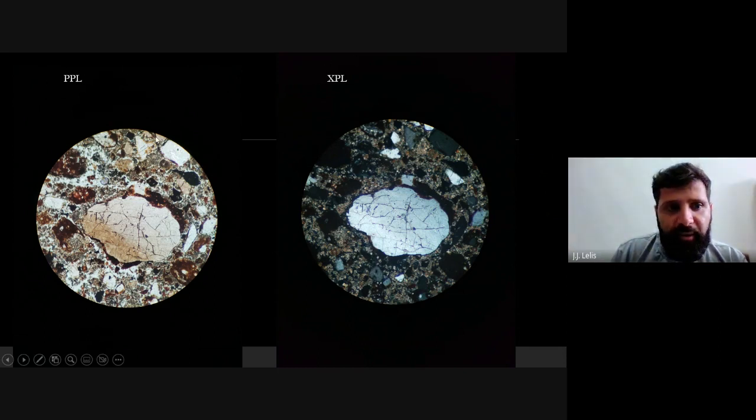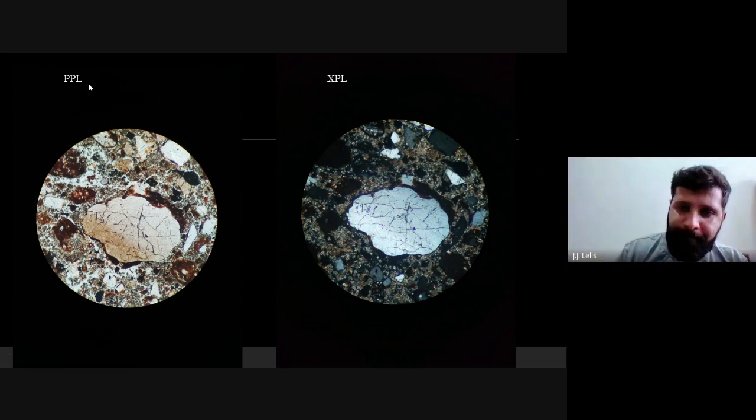Here and here we have the same image but different colors, because here we have plain polarized light, and here we have cross polarized light. These are different lights that we can use in micromorphological descriptions to better identify some minerals and some properties. So it's very common to see the same picture, but with different colors, because we're using different techniques to describe and identify the material.